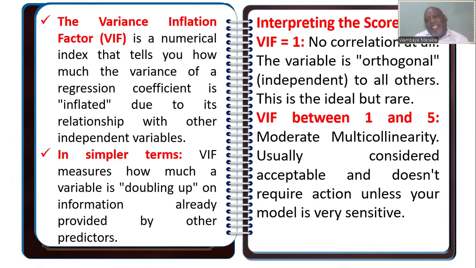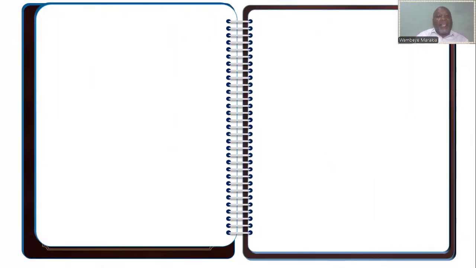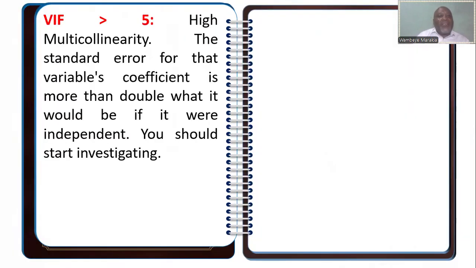Then you have a variance inflation factor between 1 and 5. This means that we have moderate multicollinearity, usually considered acceptable and doesn't require action unless your model is very sensitive. Another one is a VIF of greater than 5. This means that you have high multicollinearity. The standard error for that variable's coefficient is more than double what it would be if there were independence.